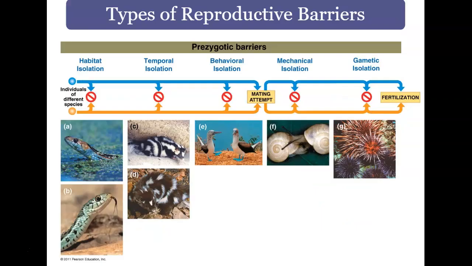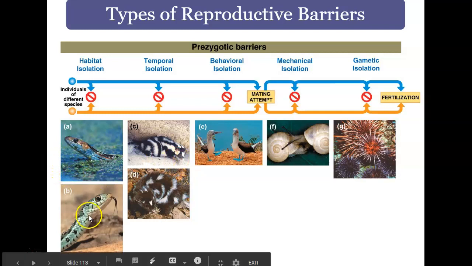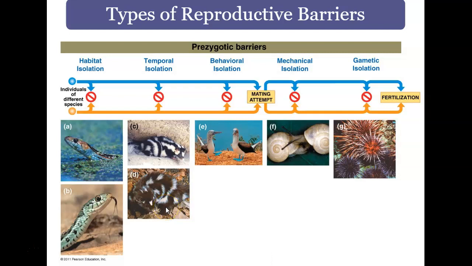Okay, so here are some examples of those as well. Habitat might be they're in different places. One lives in the water, one lives in the desert. They're never going to come in contact. Temporal isolation, they're out at different times. One might be spring, one might be fall. Behavioral, they might have different songs. Mechanical just means that it just won't work physically.